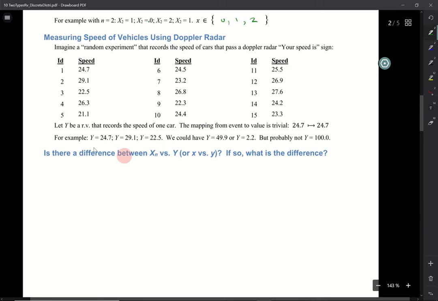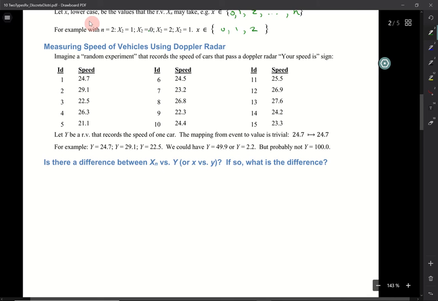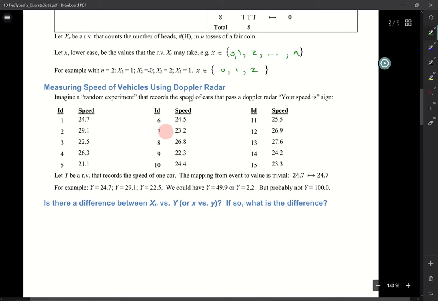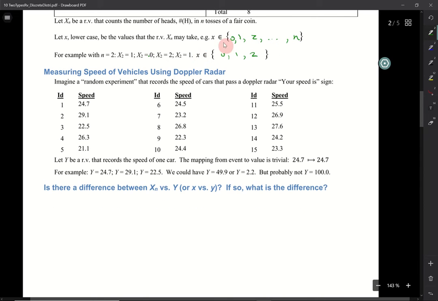And so, is there a difference between the xn from above, where xn is the number of heads when you toss a coin n times, versus y? So we're letting y be the random variable for the speeds, right? So, for example, the values of x would be 0, 1, 2, right?